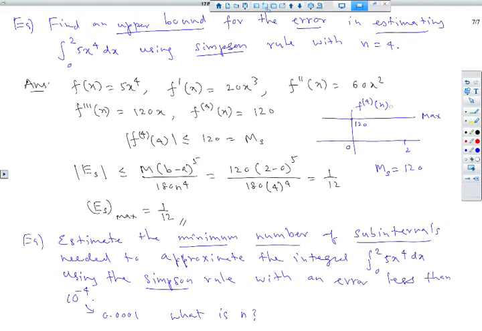We already know the M value. We calculated that before, so M was 120, and we have b equal to 2 and a equal to 0 as before.